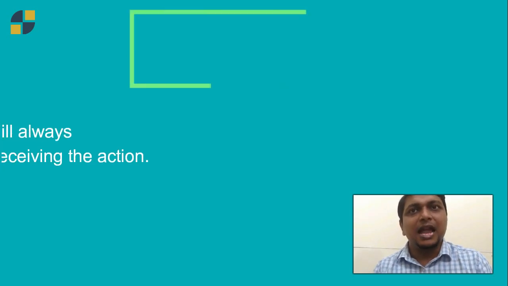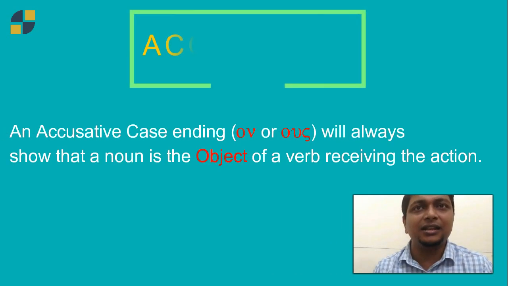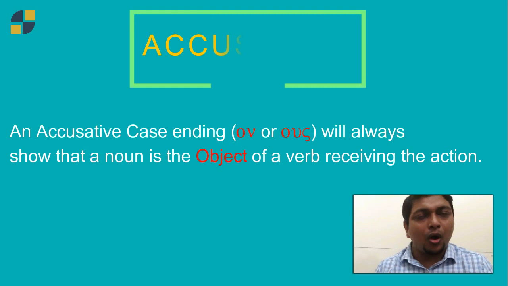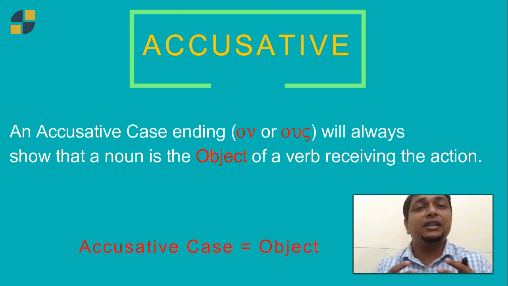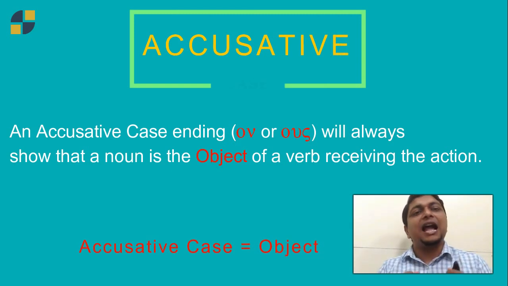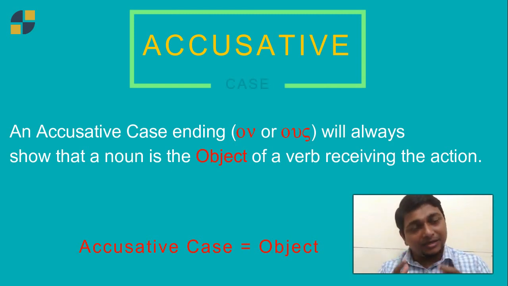What is an accusative case? An accusative case ending with on or us will always show that a noun is the object of a verb receiving the action. I repeat that once again.